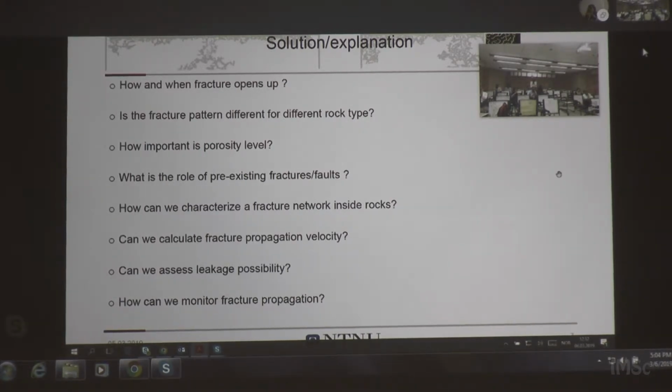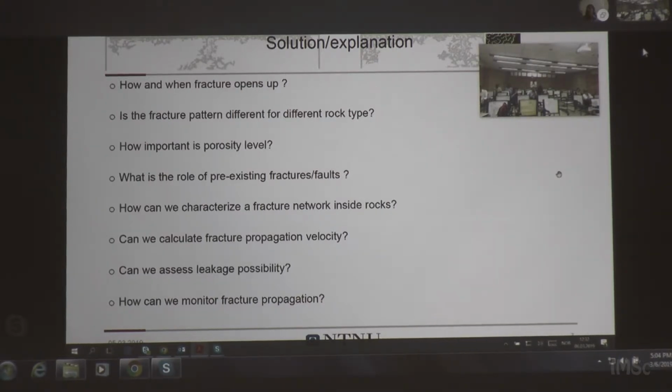And how important is the porosity level? If there are pre-existing fractures in your field, then how do you plan your fracturing, your drilling or production? How can you characterize a fracture network inside the rock or inside your field? Can you calculate the fracture propagation velocity?